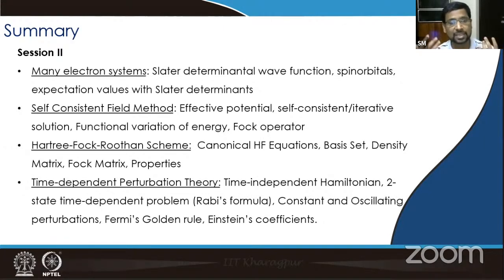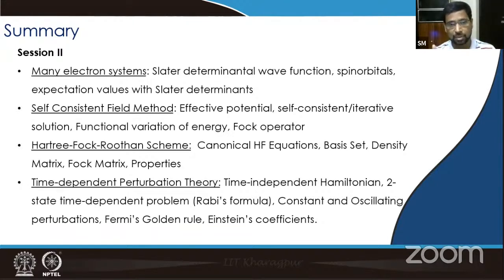So instead of solving an n electron problem in one go, we solved n number of one electron problems, which became somewhat easier to do. This procedure goes by the name self-consistent field method. We solved this iteratively.